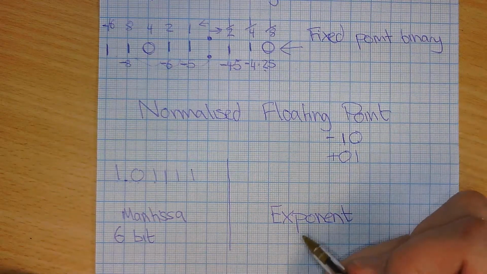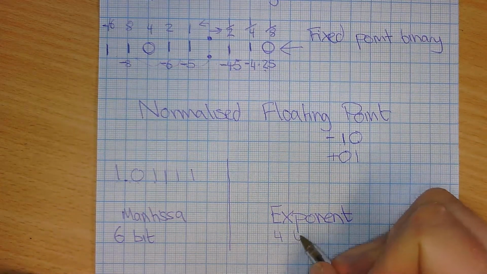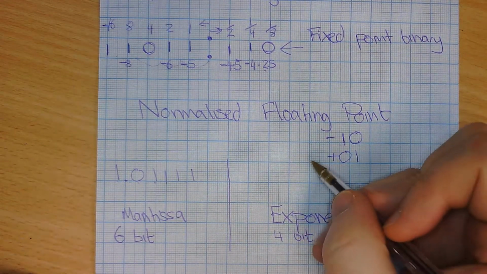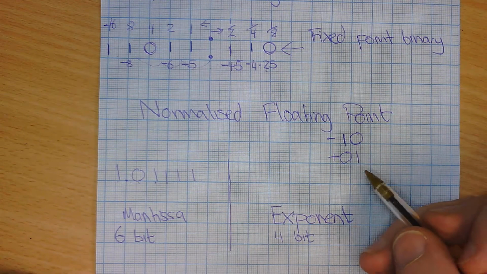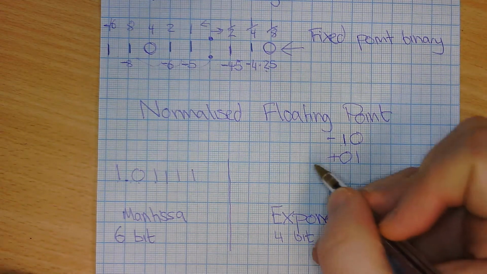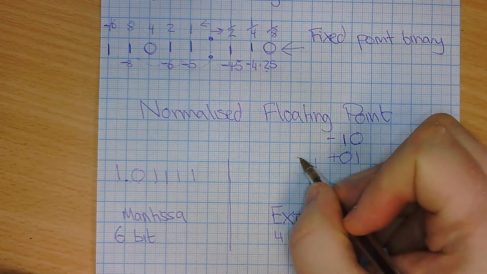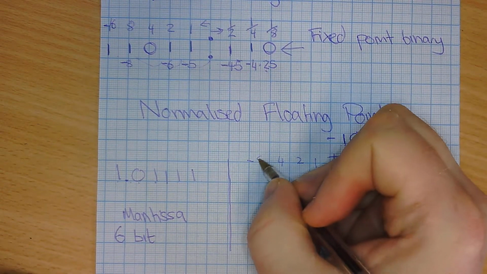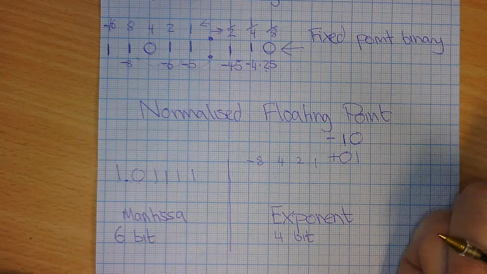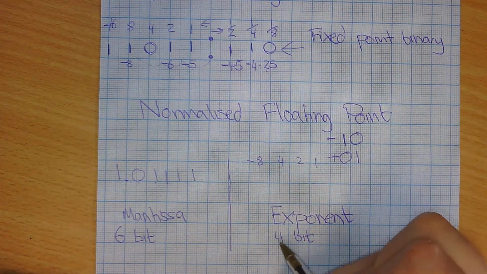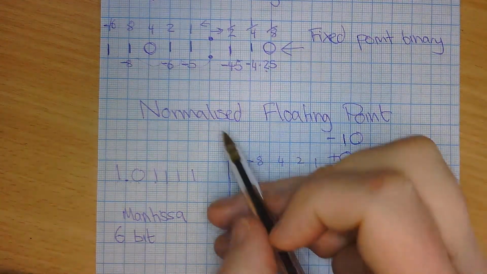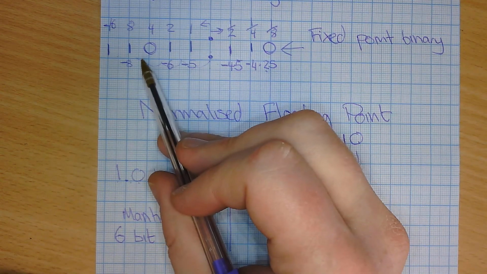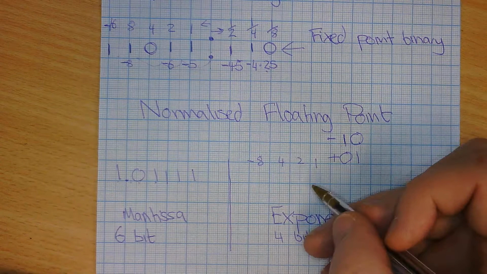I'm going to go with a 4-bit exponent. Now, the positions of the binary values are pretty straightforward for a 4-bit exponent. I'm just going to do a 1, a 2, a 4, and I'm going to stick to my 2's complement and have that as a negative 8. Not that it matters terribly in this example. So I want to recreate a plus 3 on my exponent.